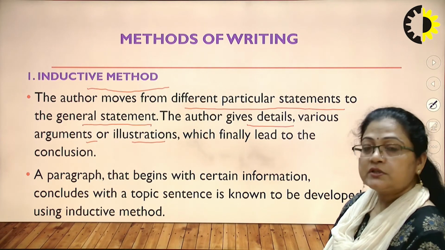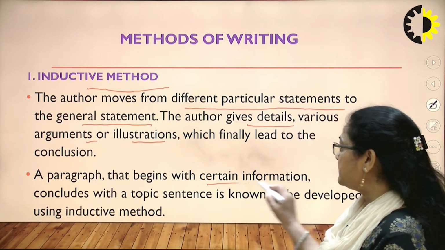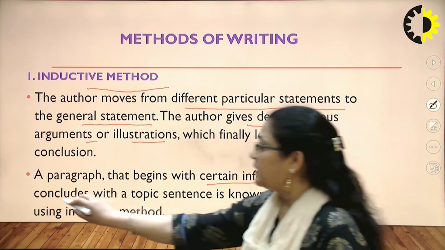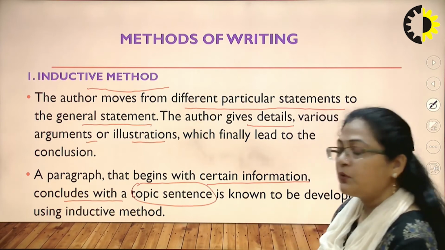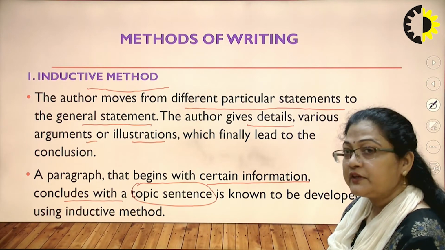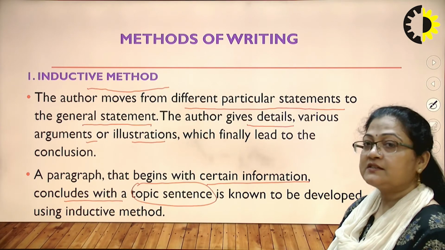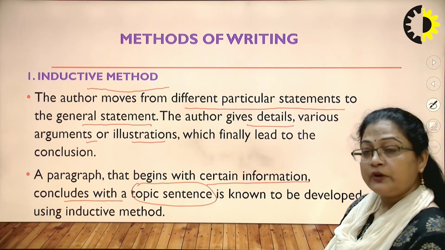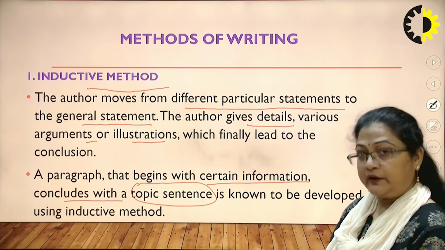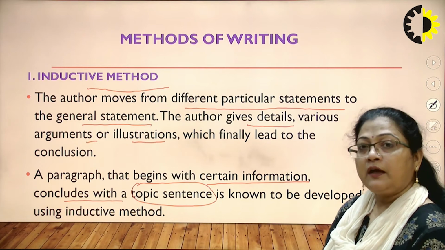To put it more simply, this paragraph begins with certain information and concludes with topic sentence. So, the most common identification of inductive method is that topic sentence comes at the end of the paragraph. If you find the topic sentence at the end of the paragraph, that paragraph is developed in the inductive method.